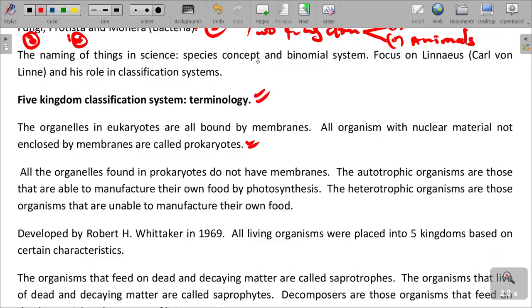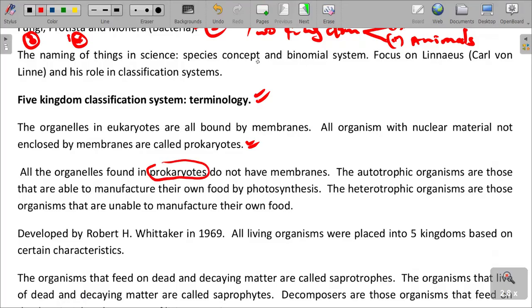All the organisms found in this class do not have membranes.